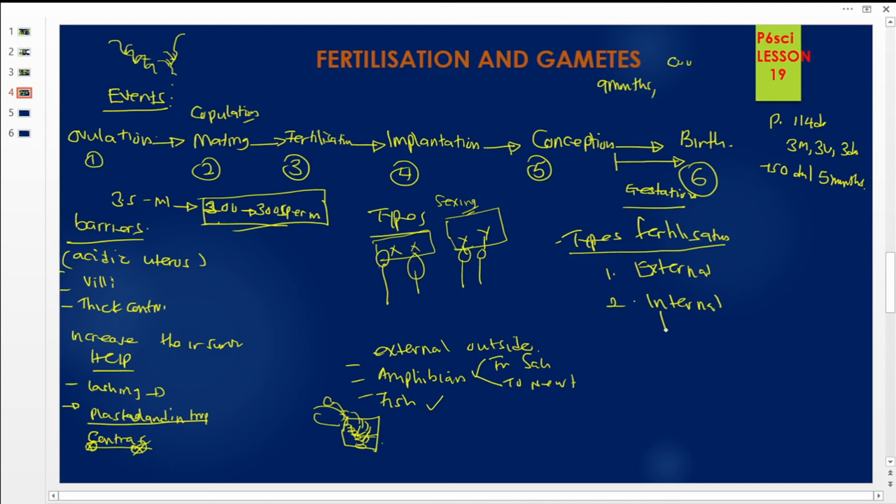Then internal fertilization is the type of fertilization that occurs inside the body of a female animal, and this is a characteristic of mammals, we human beings, then the birds, and also the reptiles like the snakes, crocodiles, and tortoises. These birds and reptiles have to first mate. Then the male bird ejaculates, releasing sperms inside the body of a female bird.